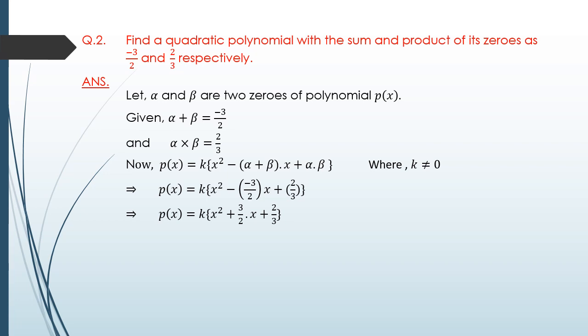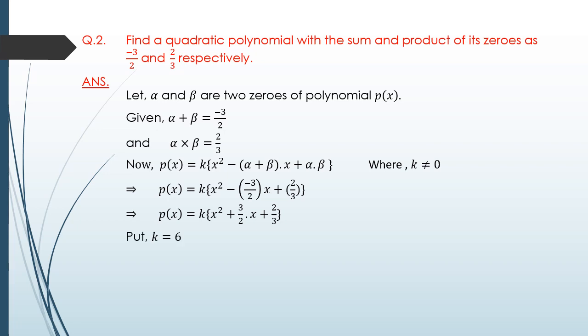Here we have a bit scope to choose the value of k in order to write the integer coefficients. So in order to write integer coefficients of all the variables, we can take the LCM of the denominators. Denominators are 2 and 3, their LCM is 6. So we can choose k equal to 6.